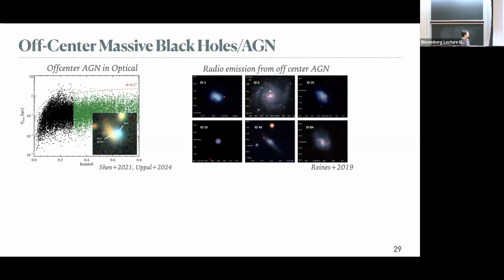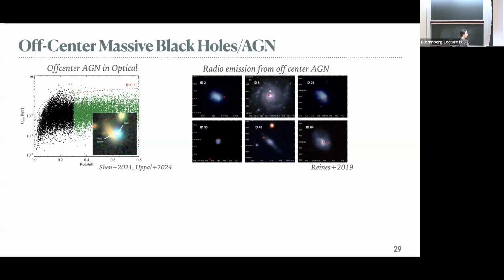And there's also this work by Reines, which looks at radio emission around the galaxy. They look at compact radio sources, and they found that in a significant fraction, about 10 to 30% of cases, they see a compact radio source off-center from the dwarf galaxy. So this is the galaxy, and this red cross is where they find the compact radio source.